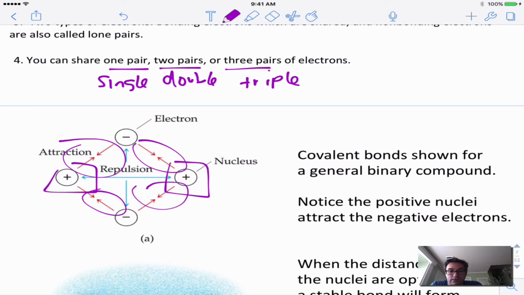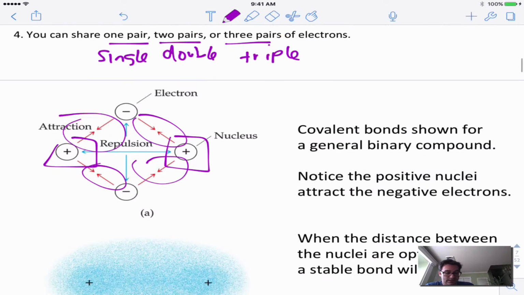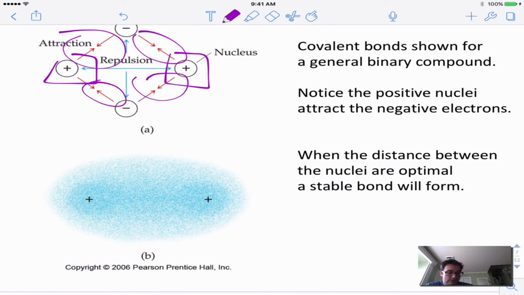There's repulsion going on as well, so the nuclei are going to repel each other. They'll reach a certain point called the bond length, or the covalent radius, where when they bond together, they form a stable compound or molecule. And it looks like this. Here's my 2 nuclei, and then here's the electrons. The electrons are between the 2 nuclei, and so that forms a stable compound.